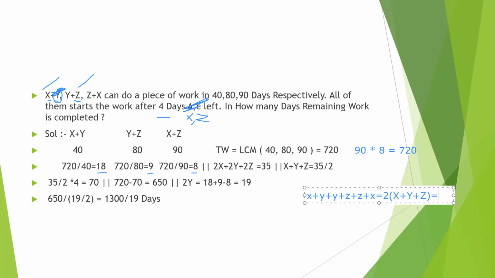We know the values: 18 plus 9 plus 8. Here only one day's work, the combination of all the people, is 2 into the combination.